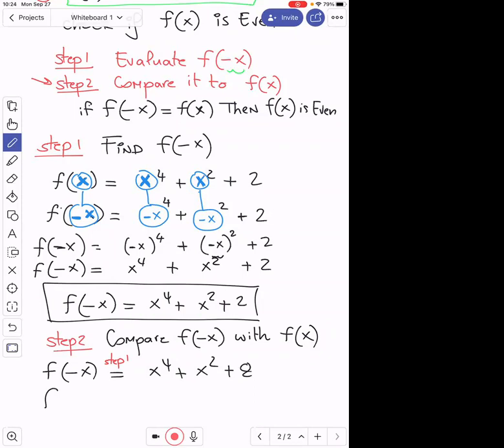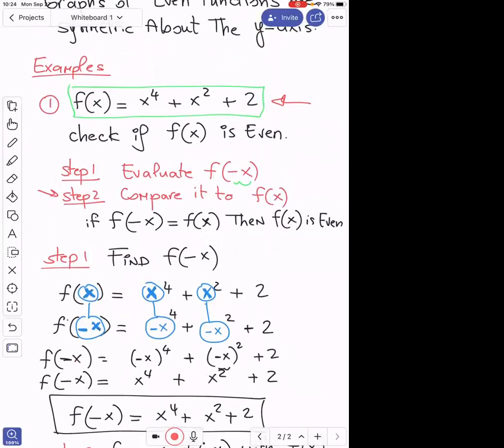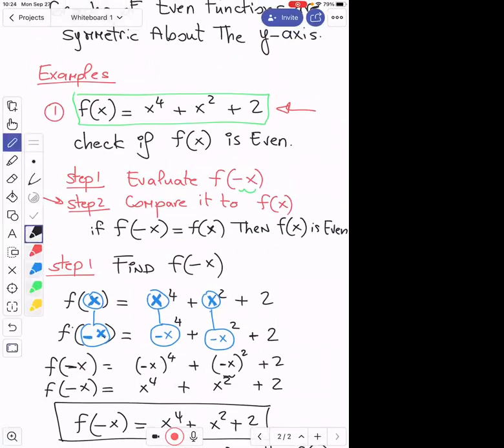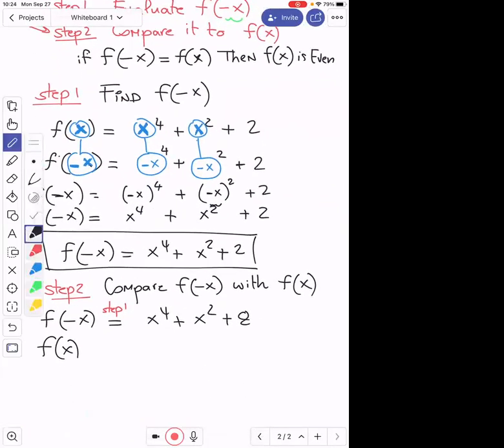Now, what's f of x? F of x is the original initial function, x fourth plus x squared plus 2. If you compare both functions, you see they are equal.